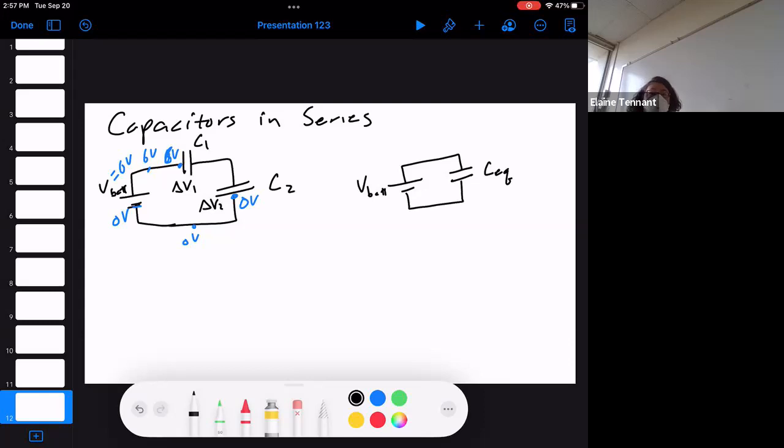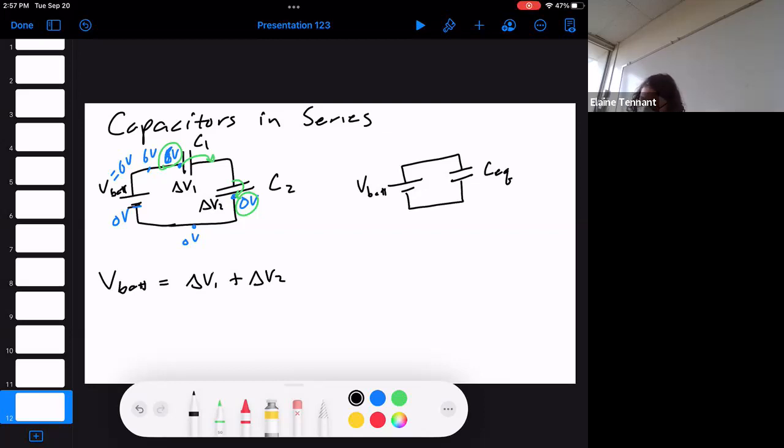I don't know what it is again. But what I do know is whatever I drop across there and then drop across there, I'm starting at 6 and I'm ending at 0. So whatever these two changes in voltage add up to, it needs to be 6. Okay, I got a nod. I'm happy. Okay, so that means the voltage of the battery equals delta V1 plus delta V2.